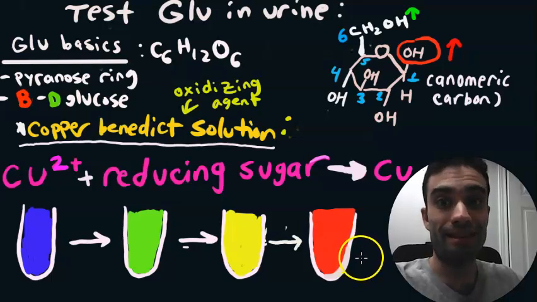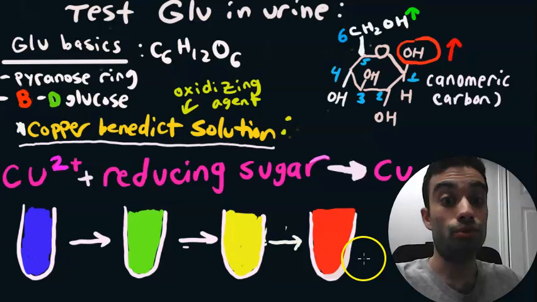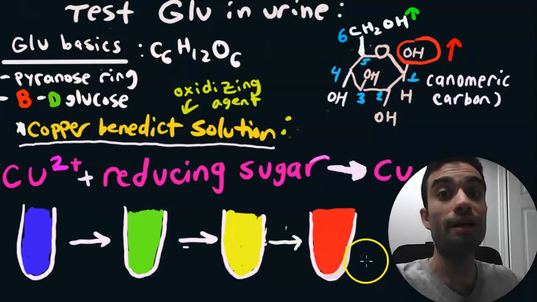So some of it ends up in the urine. So because not all the glucose gets reabsorbed, because the transporters get saturated, some ends up in the urine, causing a color change in the Benedict solution, causing it to turn red. And that indicates the presence of reducing sugar in the urine.